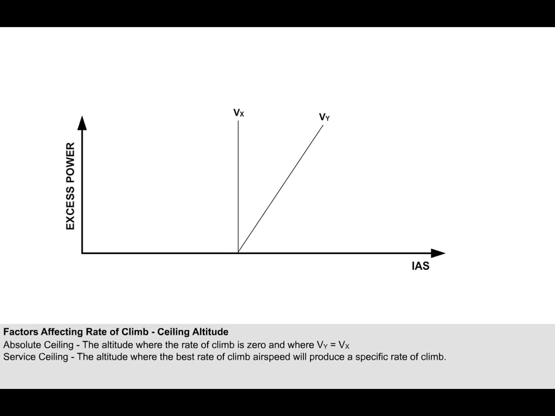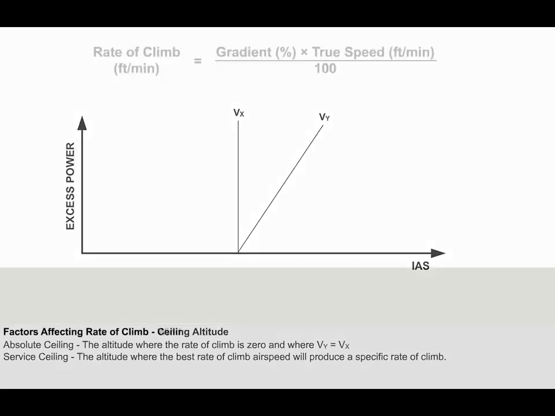The aeroplane will not be able to climb any higher, and the absolute ceiling would be reached. At this altitude, Vy and Vx are the same speed. To find the absolute and service ceilings of your aeroplane, consult your flight manual and operate the aeroplane below the service ceiling to help maintain sufficient performance levels.